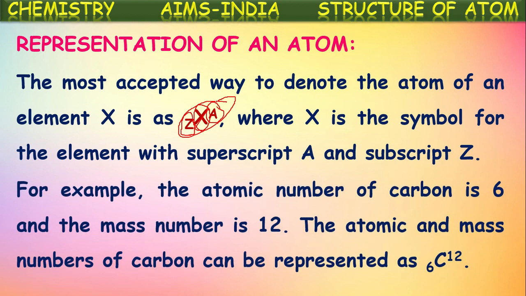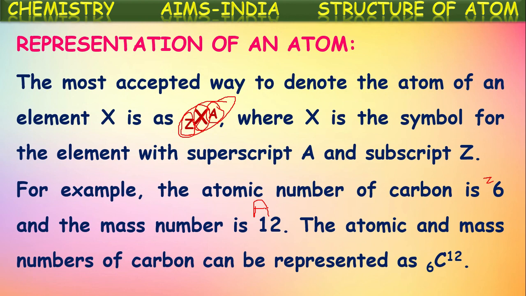For example, the atomic number of carbon is 6, meaning its Z value is 6, and its mass number is 12, meaning its mass number A is 12. The atomic and mass numbers of carbon can be represented as follows.